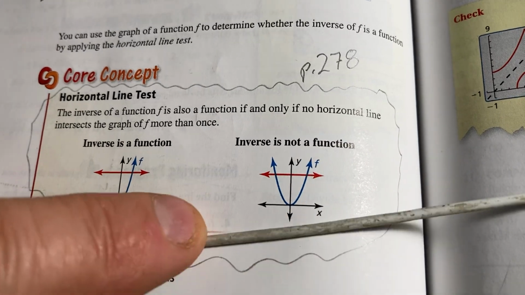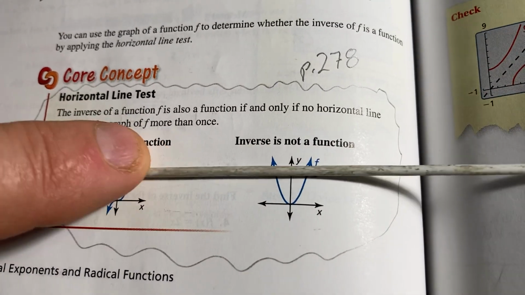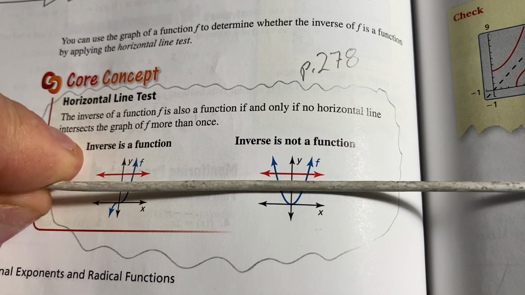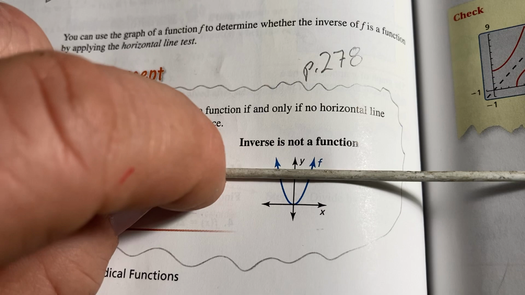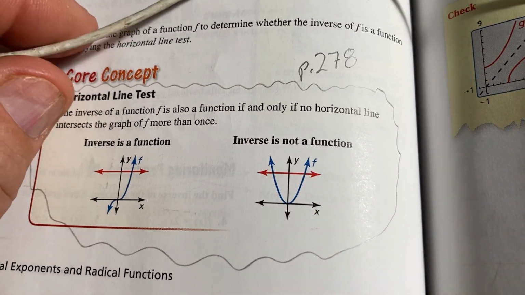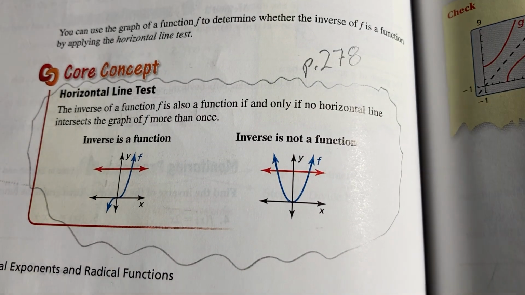In this case, the horizontal line intersects that curve more than once, right there and right there. The horizontal line touches it more than once, therefore that inverse is not going to be a function. It would not work.